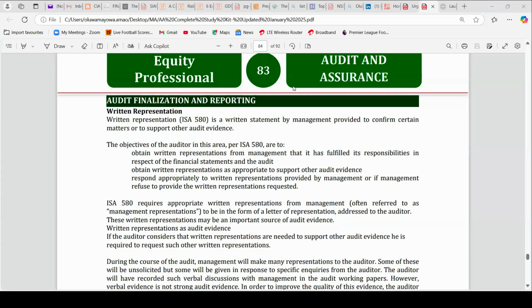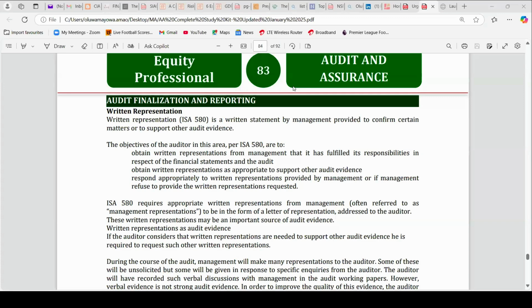That is, he needs to get documentation backing all the audit evidence or some things that he needs clarity on. So if he has obtained audit evidence, he wants confirmation from management that this thing is so. And it's not just verbal, it has to be a written statement.